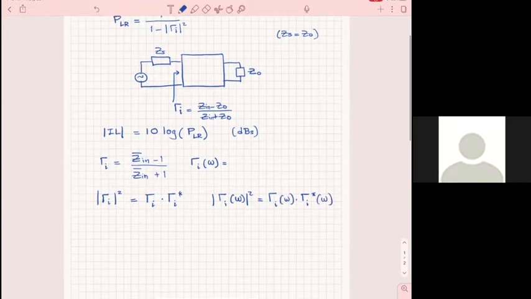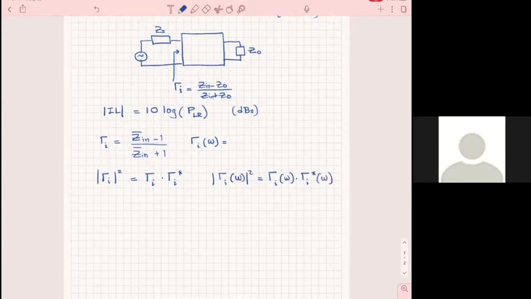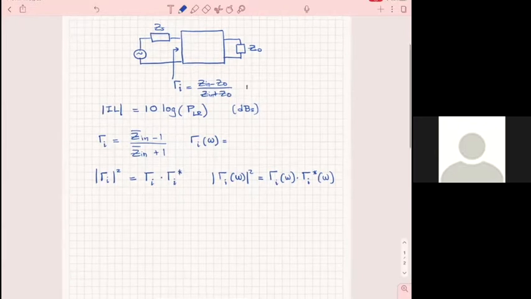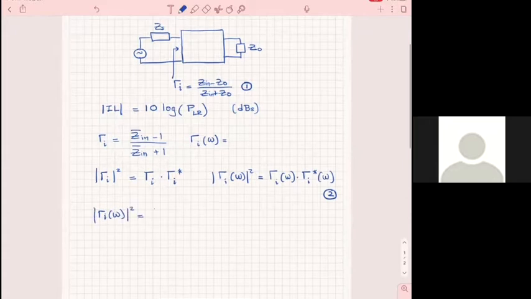Now, for a moment, let us go back and look at Z. If we go from 1 and then look at 2, what we get is that the magnitude squared of gamma sub I of omega is going to be Z in, which is now a function of omega, minus normalized, minus 1.